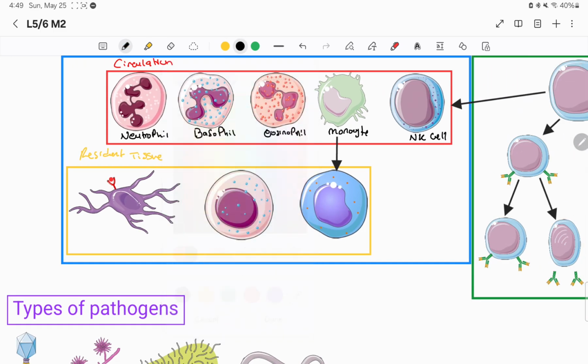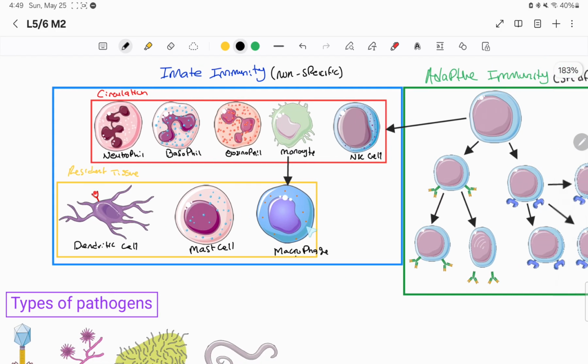Now, there's this one called a dendritic cell. There's this one that's called a mast cell, and this guy that's called a macrophage, okay? Fun fact, the name actually tells you its function. Macro meaning large, phage meaning eater. Okay, so this guy's a large eater, and we'll talk about why and what that even means later.